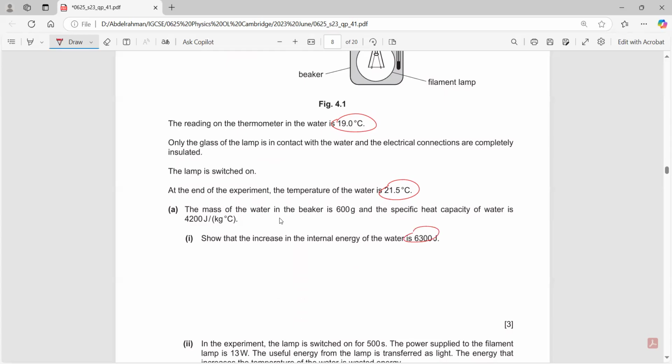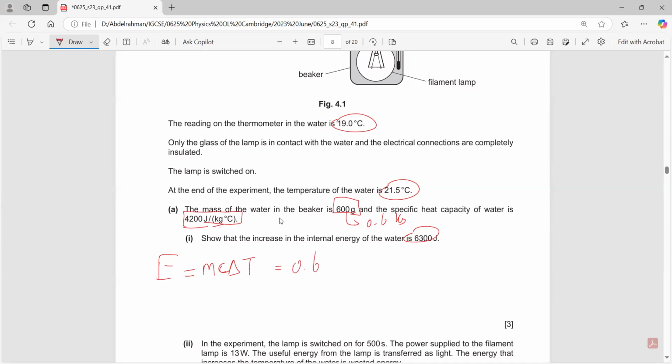Because I have the temperature difference, I have the mass, I have the specific heat capacity. So basically, E equals mc delta T. The mass is 600, but you cannot leave it as 600. You need to convert it to kilograms, so it would be 0.6 kilograms, because the specific heat capacity is in kilograms degrees Celsius.